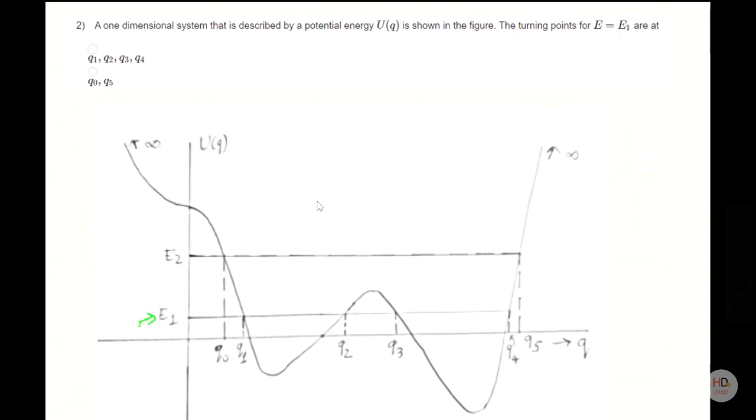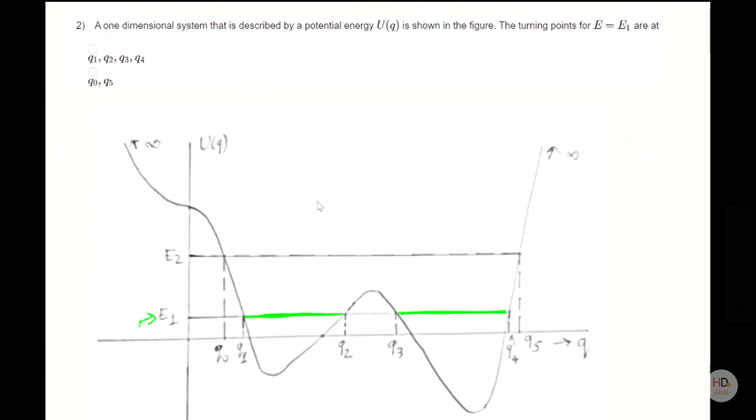This is E1. So whenever the total energy does not go below U(Q), it's permissible, right? So these green lines are the region where the particle is allowed to be classically. Of course, in quantum mechanics, you have tunneling and all.